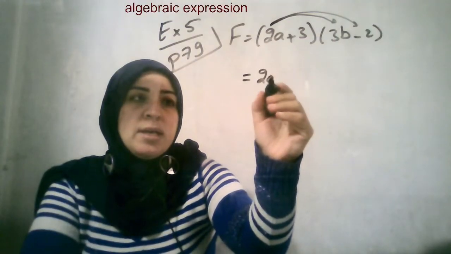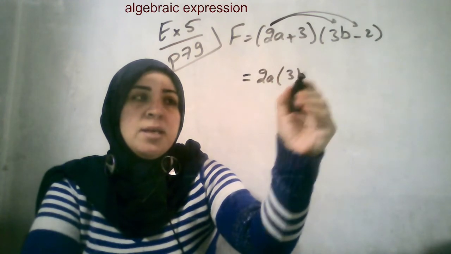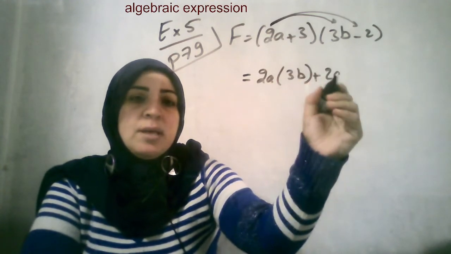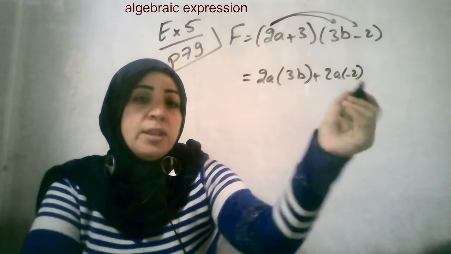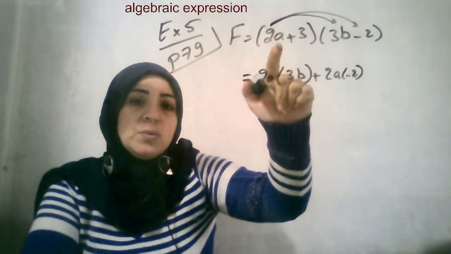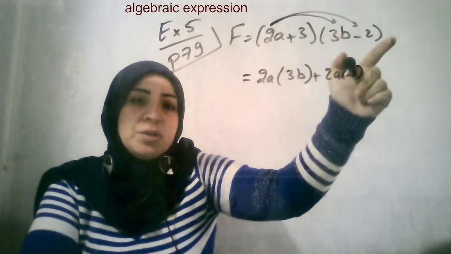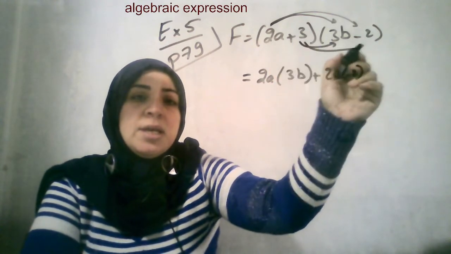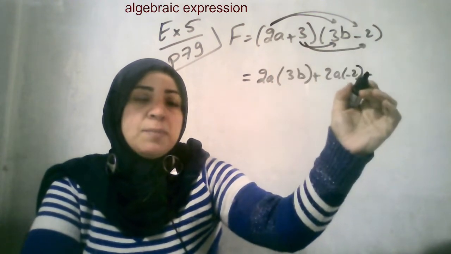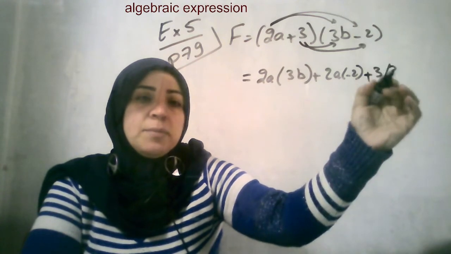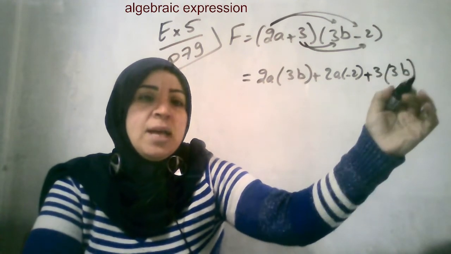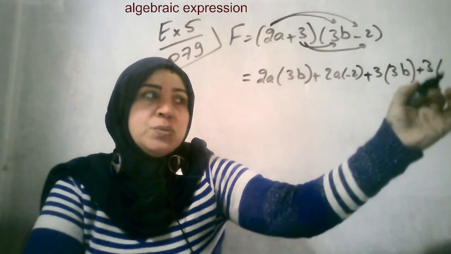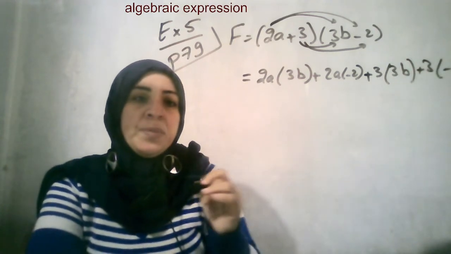It's 2a multiplied by 3b plus 2a multiplied by minus 2. Then we move to 3 and multiply it by each term here. It's plus 3 multiplied by 3b, and then plus 3 into minus 2.